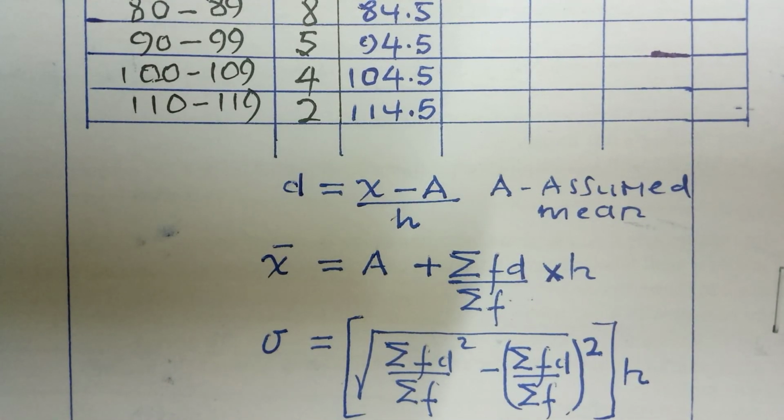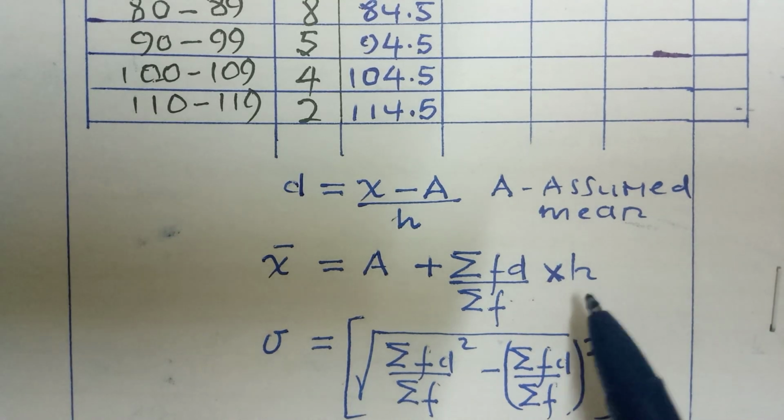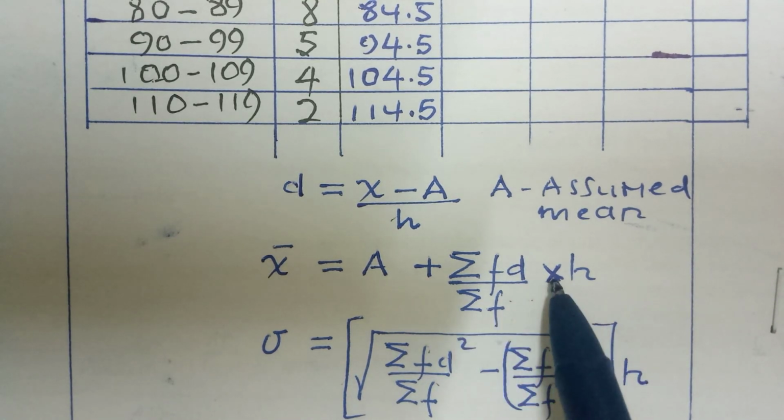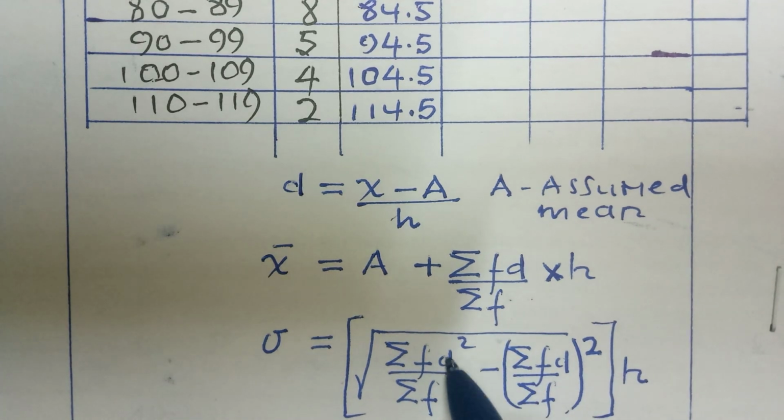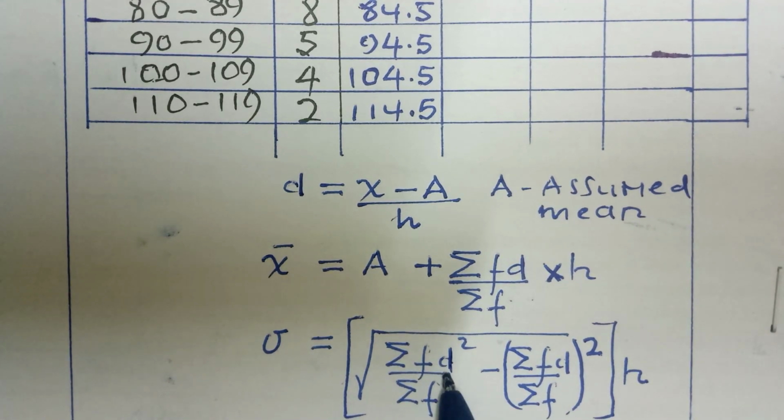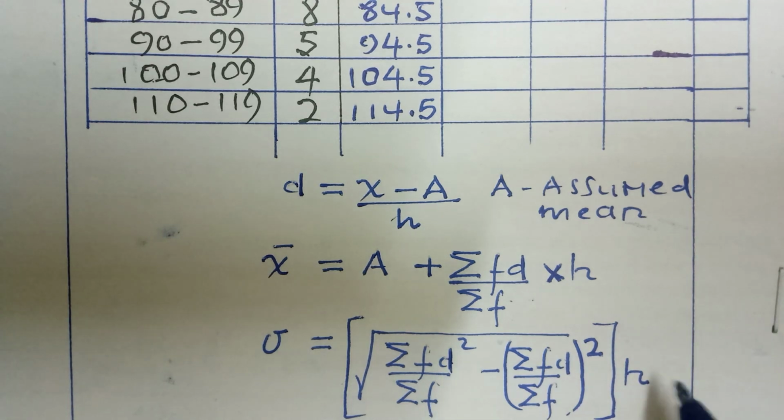So when we do that guys, as you can see this, we had to multiply by H there. And this one is also supposed to be multiplied by H. Because remember D is a function of H. There is an H here which divides and needs to be removed.